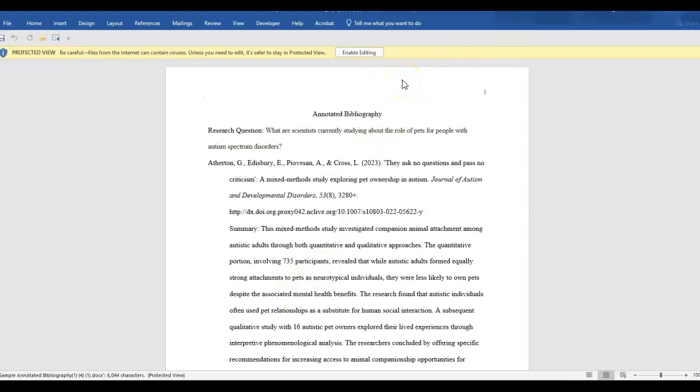So first thing is that it's similar to what you did for the literary analysis paper in that it's using double space Times New Roman, but remember this is APA format, so your citations need to be in APA format, okay?